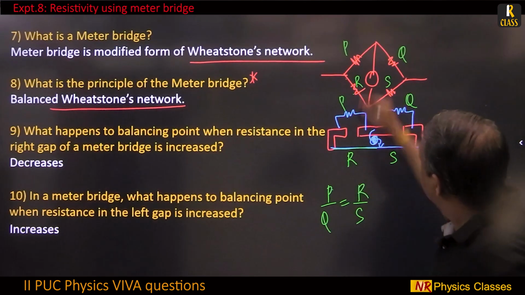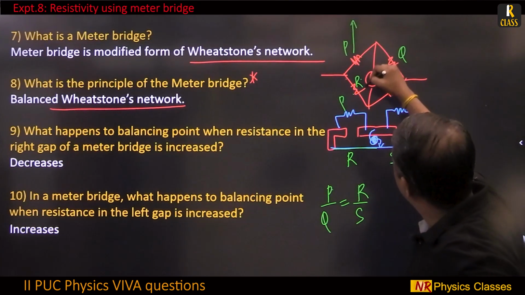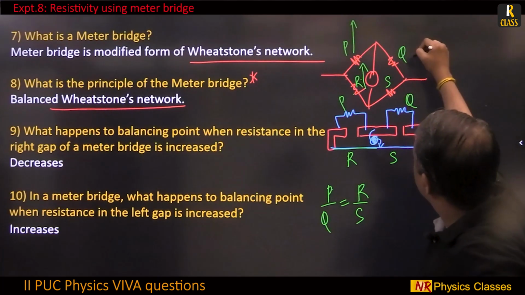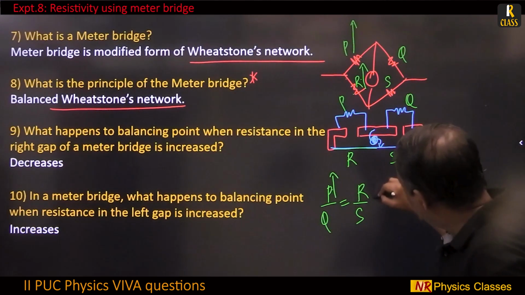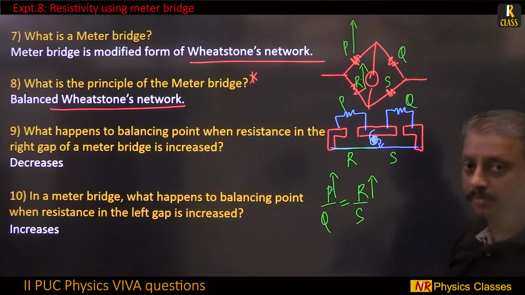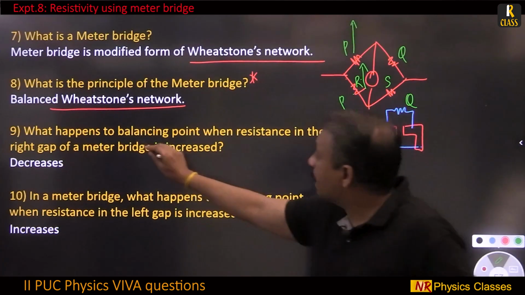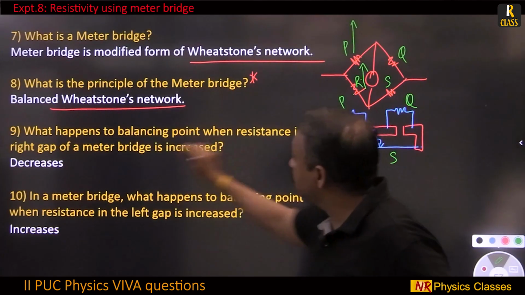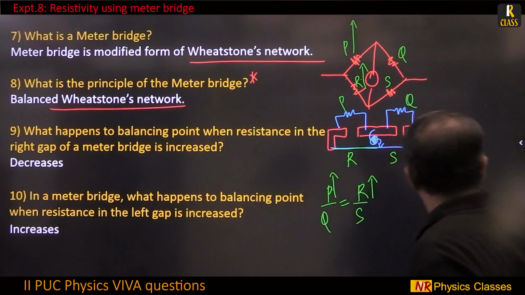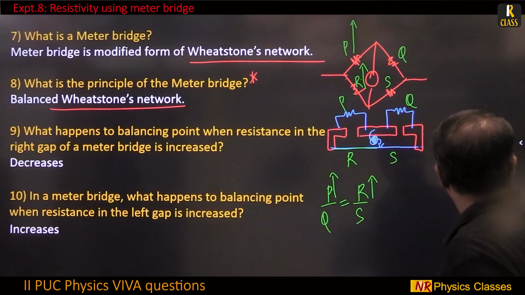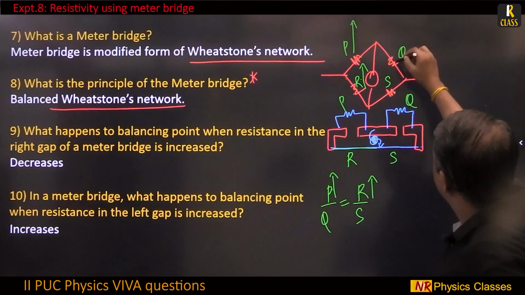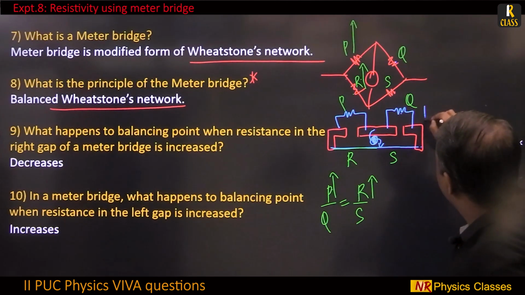See, if this increases, this should increase. Now observe, what happens to balancing point when resistance in the right gap increases? Where is that right gap? This is the right gap.